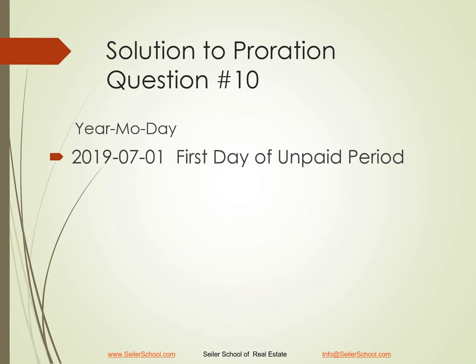So in the year column, we put 2019. Our month, July, is 07, and our day is 01. Here's our closing date, September 21st of 18. So 2018, year, month, September is 9th month and the 21st day.